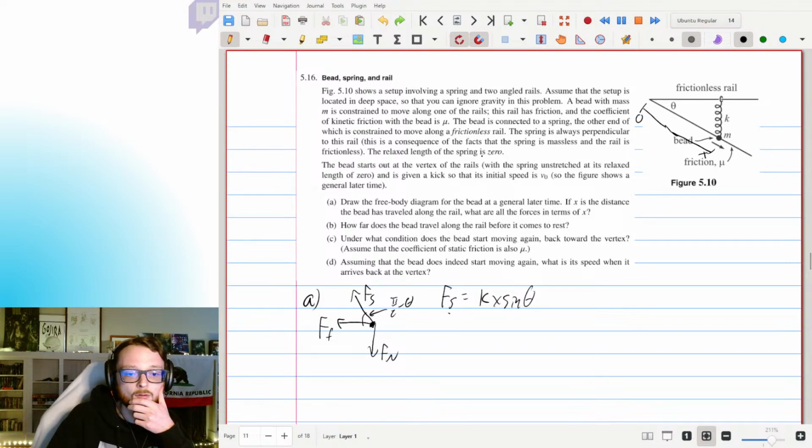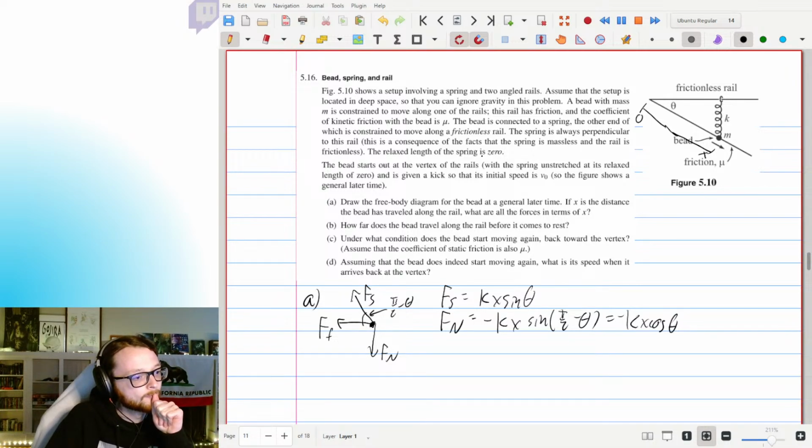Because normal force is equal and opposite to the vertical component of the spring. Okay. And I think that's what you're saying that I should get, Territar.